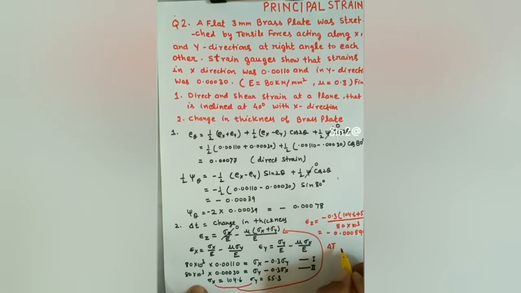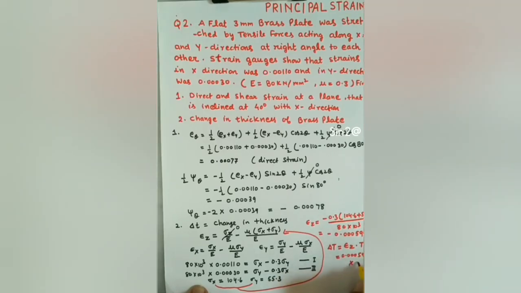So delta t will be equal to epsilon z into the thickness t. So we get a value 0.000599 into 3 mm, and it is negative. So which gives change in thickness of 0.002 mm, which is contraction since it is negative.